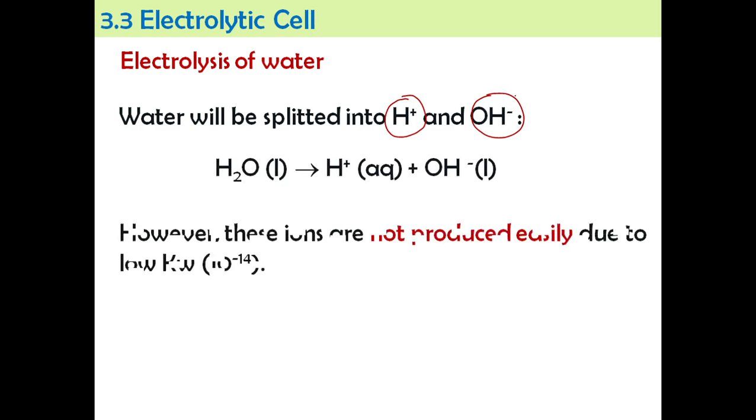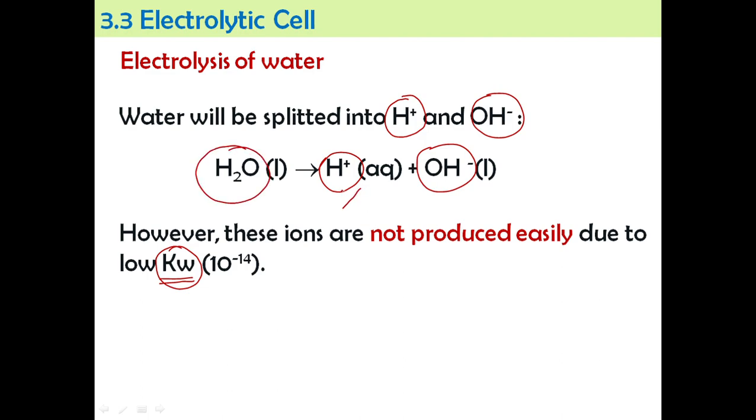Tetapi actually disebabkan Kw value, this is a dissociation constant for water, is very low. Means ion ini are not produced easily. Jadi susah sangat nak dapat H plus dengan OH minus ion ini dalam H2O. Jadi kita takkan pakai ion H plus dengan OH minus untuk electrolysis of water.